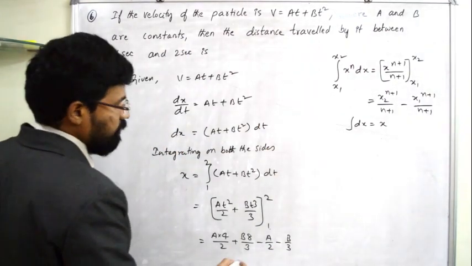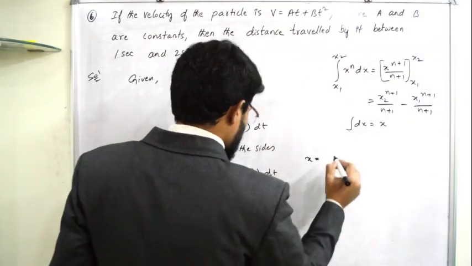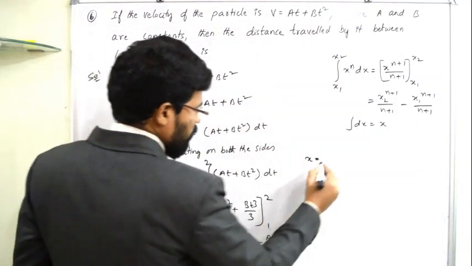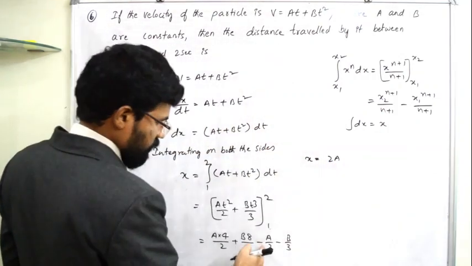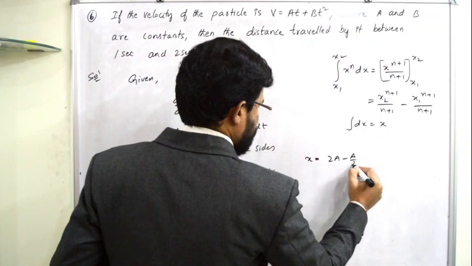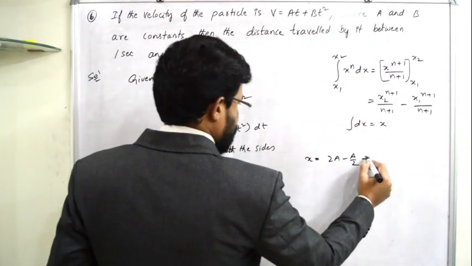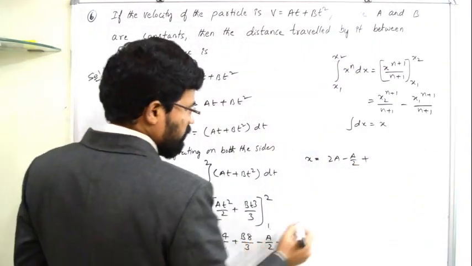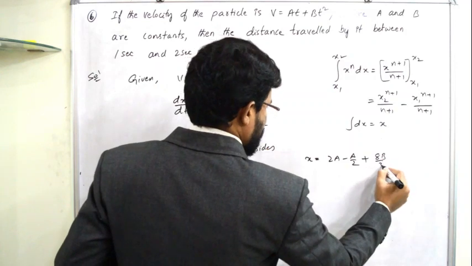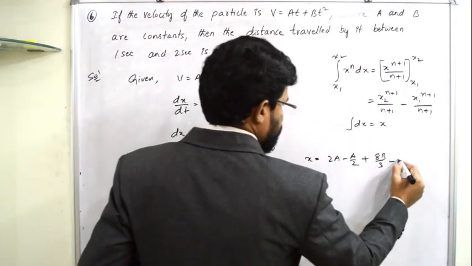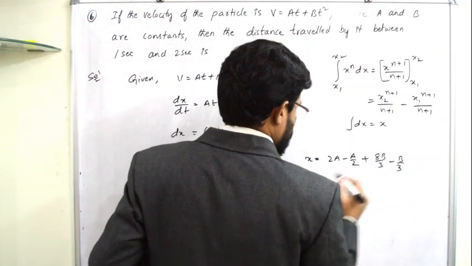So let us simplify this. x is equal to 2a, and here minus a by 2. Next plus 8b by 3 minus b by 3.